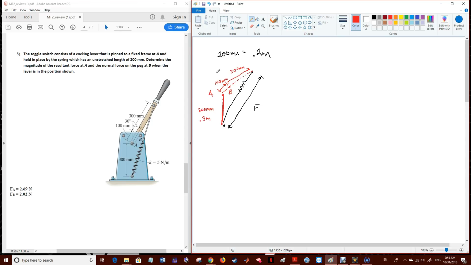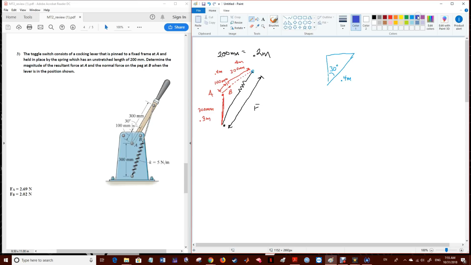We could convert these into meters, so we get 0.1 meter and 0.3 meter. Not only that, the information from point A to this point of interest can be described as its own triangle with an angle given as 30 degrees here, and we have the hypotenuse, which is 0.4 meters along this way.